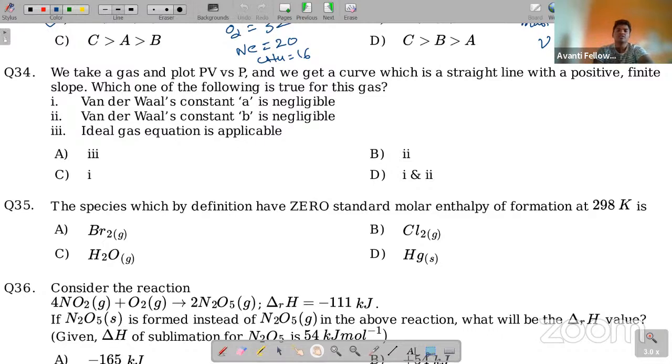They have plotted a graph of PV versus P, and they got a straight line with a positive and finite slope. Which of the following is true for this gas? They are asking which of the following is true for the gas.